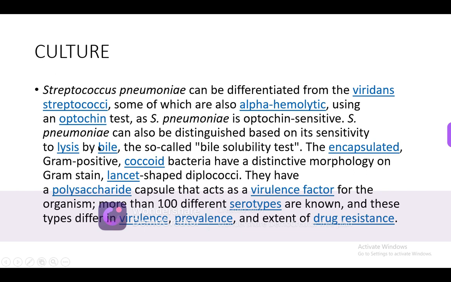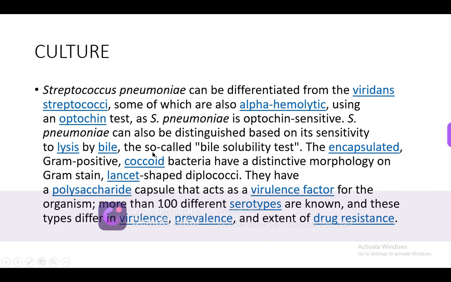It can also be distinguished by its sensitivity to lysis by bile, the so-called bile solubility test. In this way, it is separated from the viridans, which is not oxygen sensitive. Both are alpha hemolytic, no doubt, definitely.